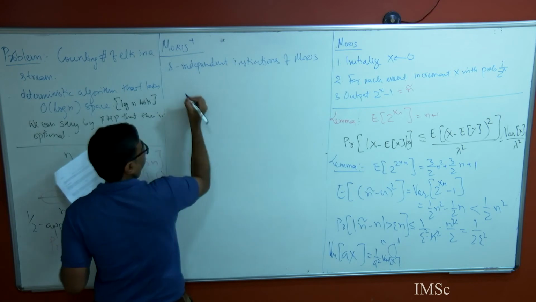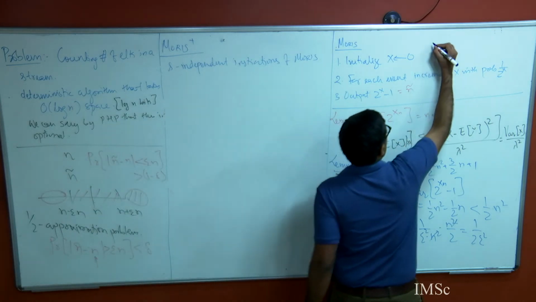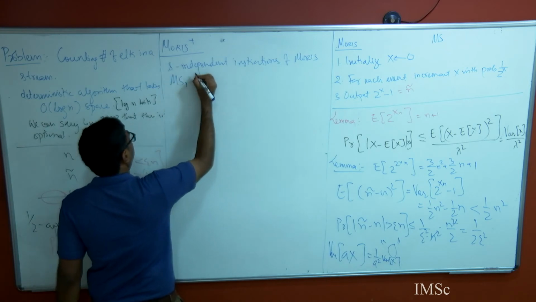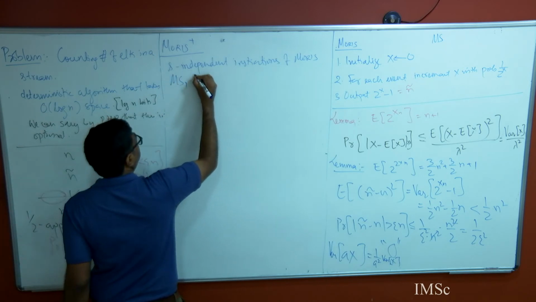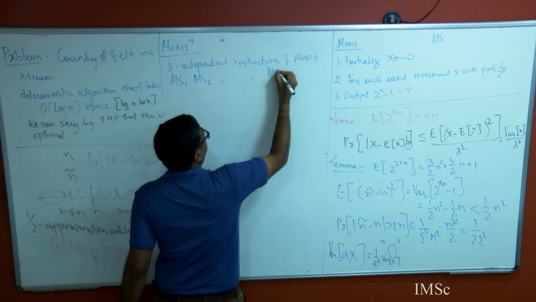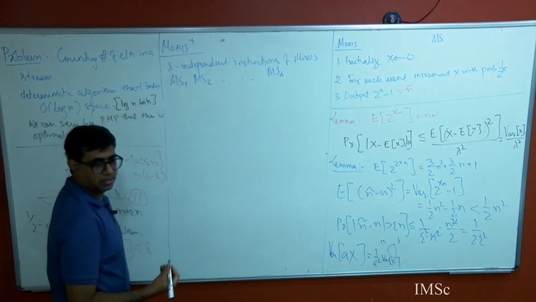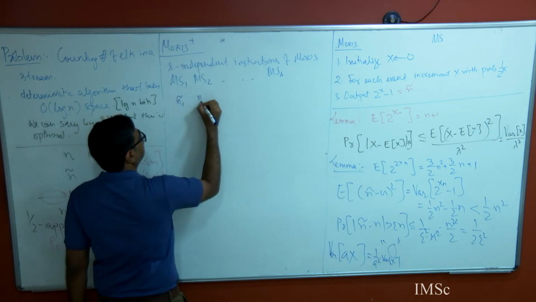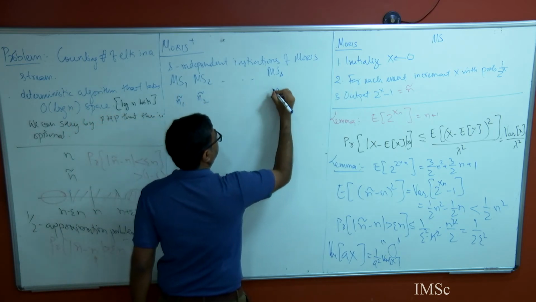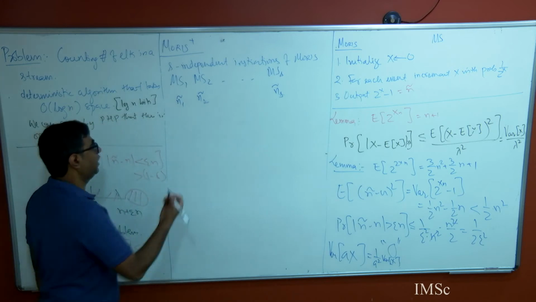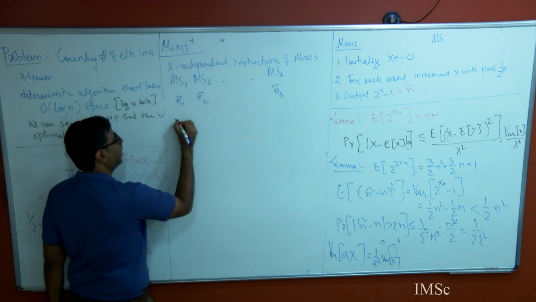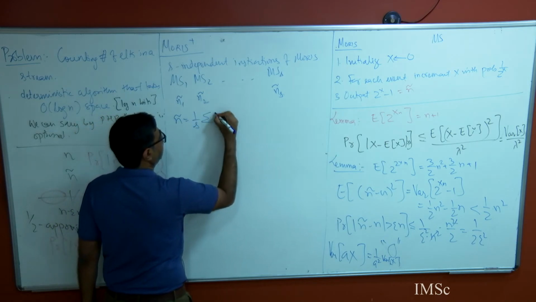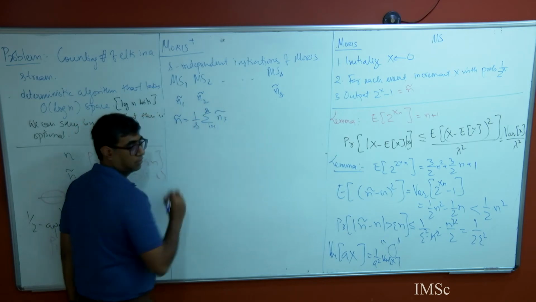Let's call this algorithm MS, so we had MS1, MS2, up to MS S. Then I got an estimate from each of these, N1 tilde, N2 tilde, up to NS tilde. What do I return as my algorithm? I just take the mean average of these and return N tilde as 1 by S times the sum of Ni tilde, i going from 1 to S.